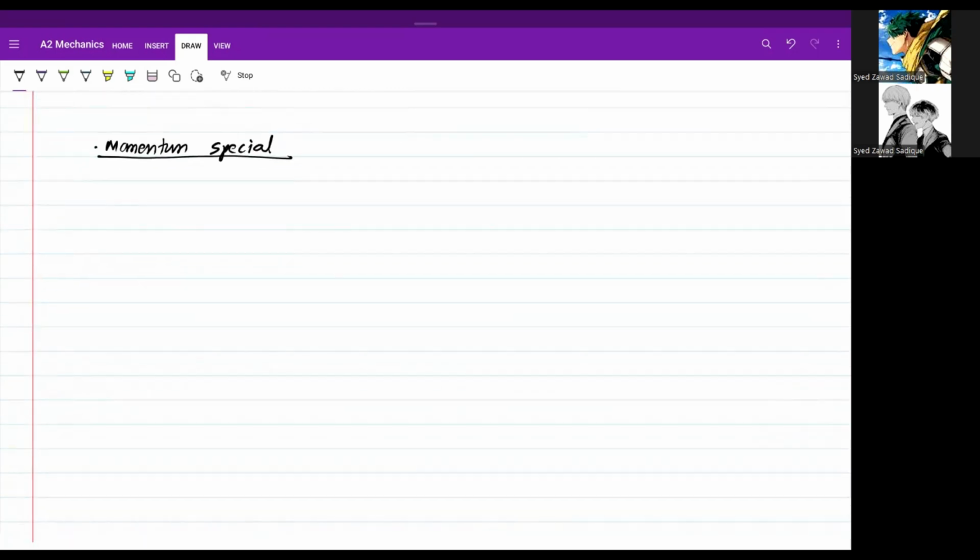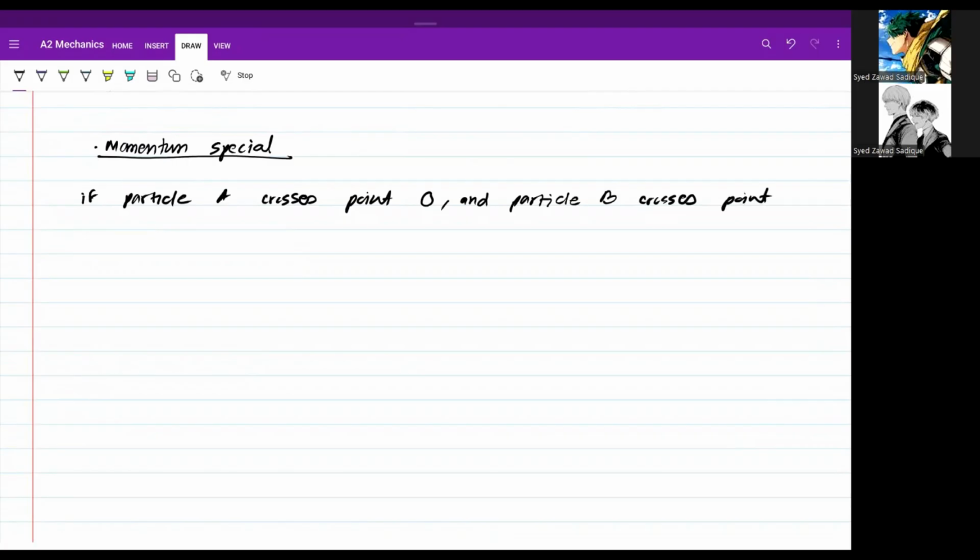For example, the question is phrased like this: if particle A crosses point O, which is the origin, and particle B crosses point O after 4 seconds, then in order to solve the questions from then on, you have to consider this.